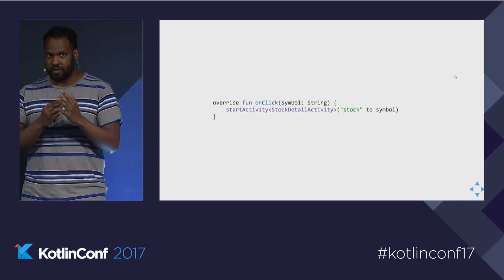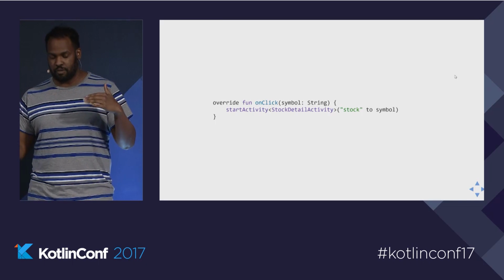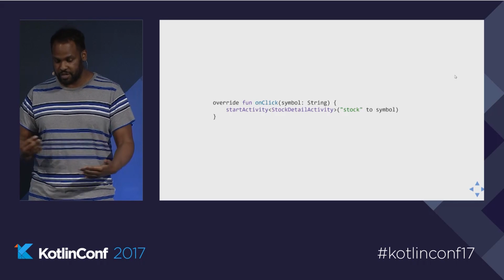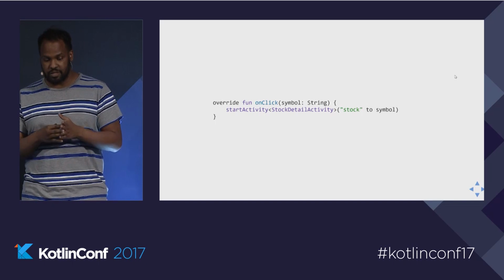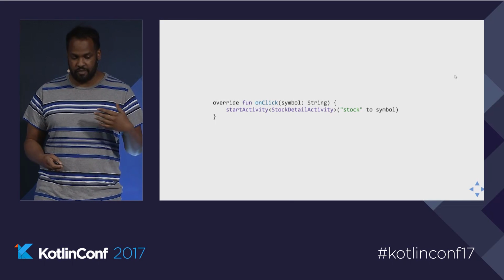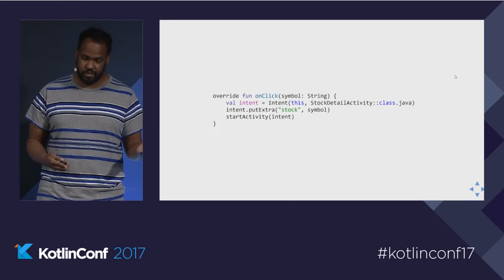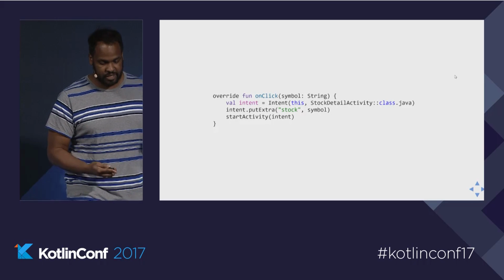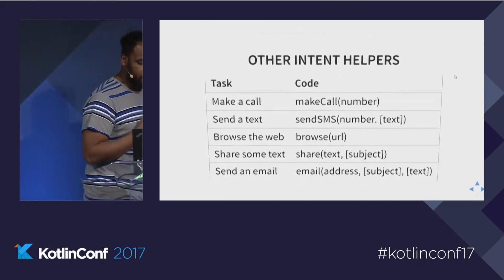And with a series of pairs, you can actually coerce that into a map or hash map and things like that. So it makes it a bit more readable than just having stock comma symbol like this. But you know, that's a debatable thing.